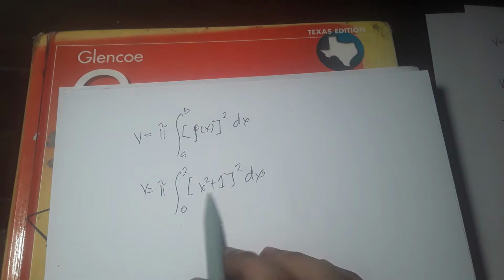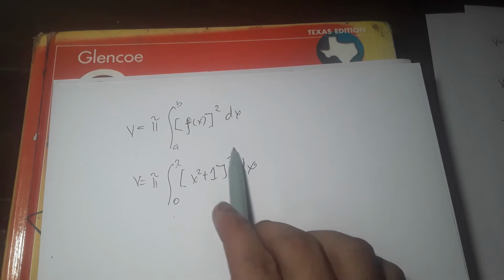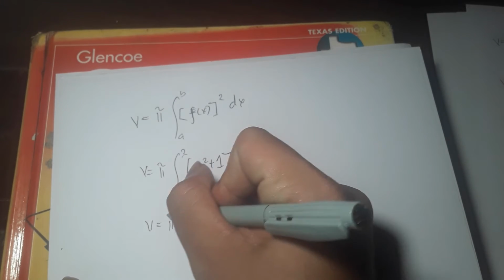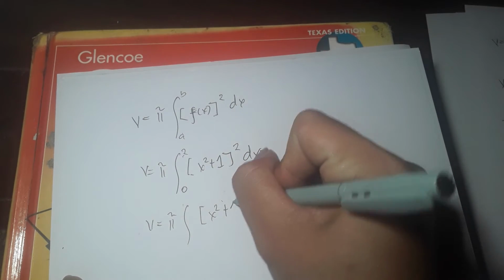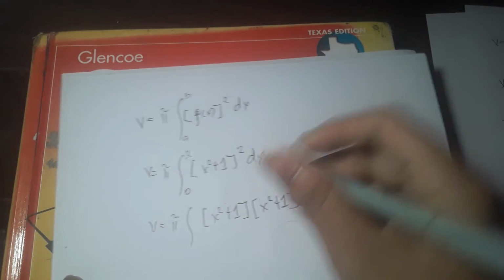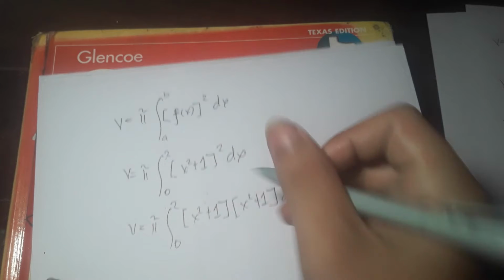That would be the value of our f of x. For now, we need to expand because of the second power, and this becomes V equals pi times the integral of x squared plus 1 times x squared plus 1 dx, from 0 to 2.